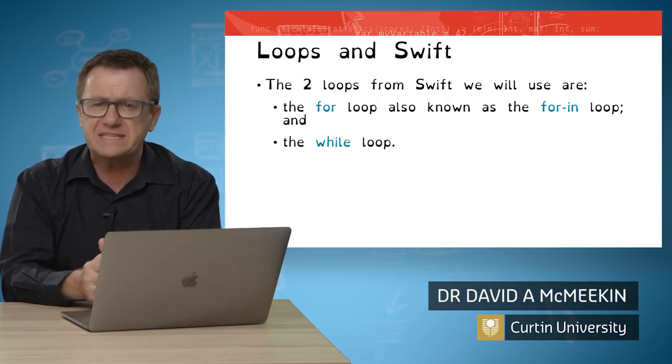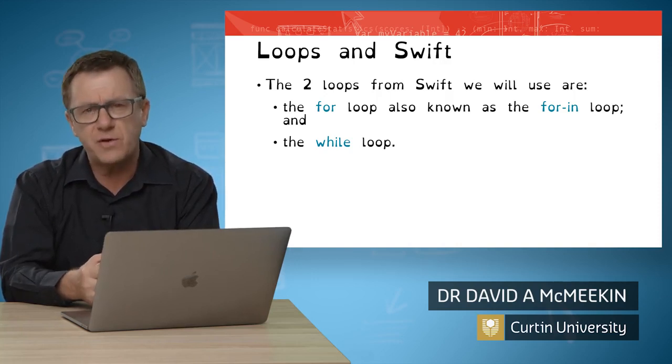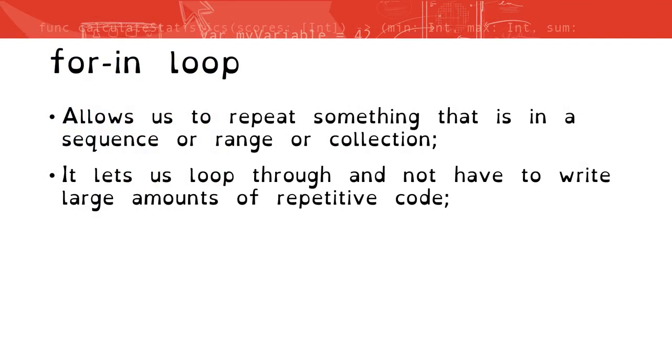So the for loop is the general statement within programming, but within Swift, it turns out to be a for-in loop. The for-in loop allows us to loop over something such as a collection or a sequence on a repeated scale. We can go through it over and over and over. And as we go through that sequence, for each item within that sequence, we can execute a piece of code.